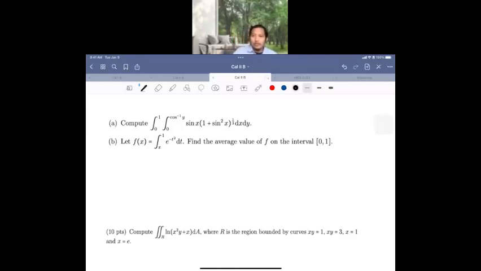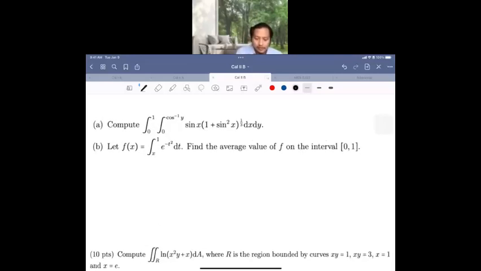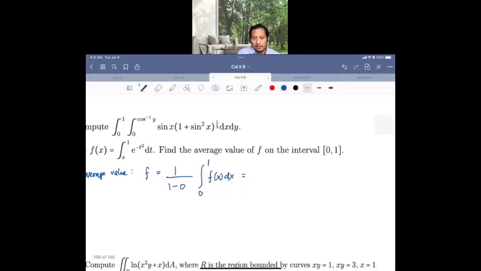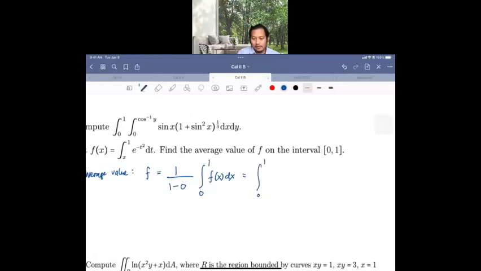Okay, maybe I will start with the average value. If we remember the average value, this is the integral from 0 to 1 of f(x) dx, or precisely, over the interval 0 to 1, the integral from x to 1 of e to the negative t squared dt dx.